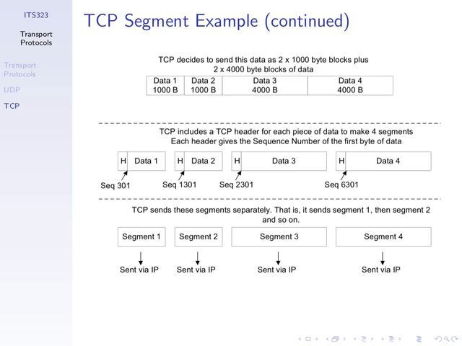And in this example, A then sends the second segment. It contains some data. It contains the sequence number 1301. When B receives that, B has now received, what did I say, 2301? 1301. I'm glad you're awake.